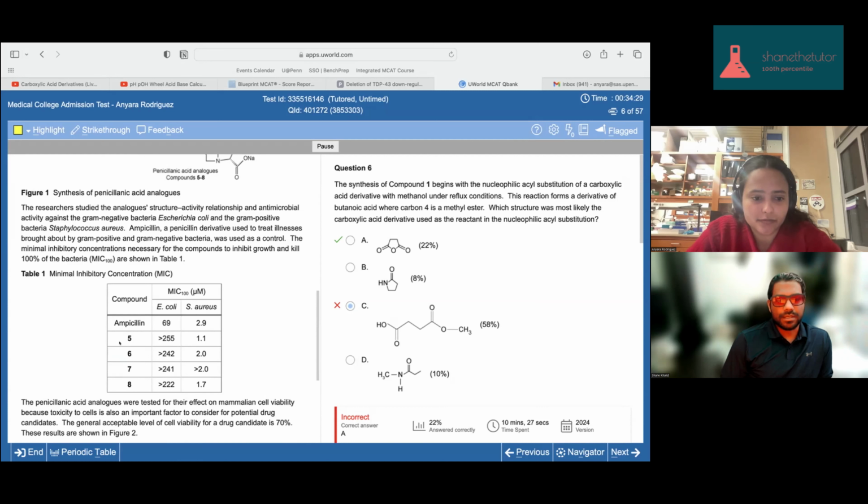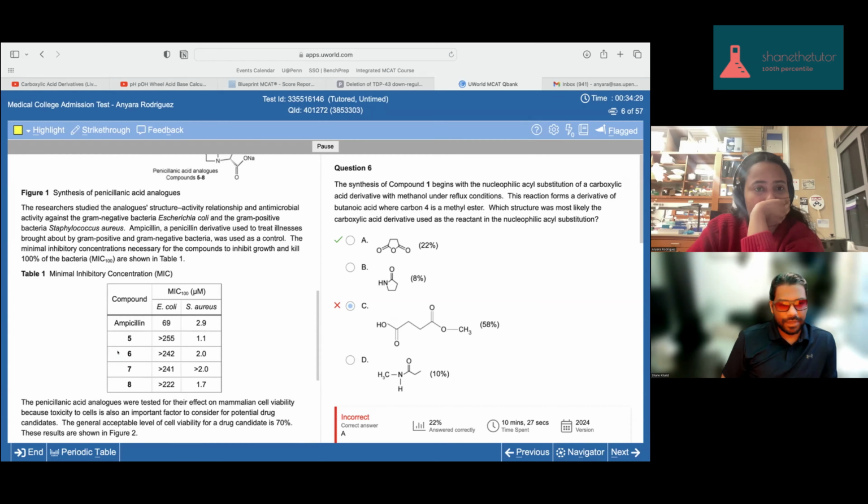So ampicillin works about 20 times better for the gram positive compared to the gram negative E. coli, right? Good. Because we talked about how if MIC 100 is smaller, it's better. It's stronger at being able to do its job.